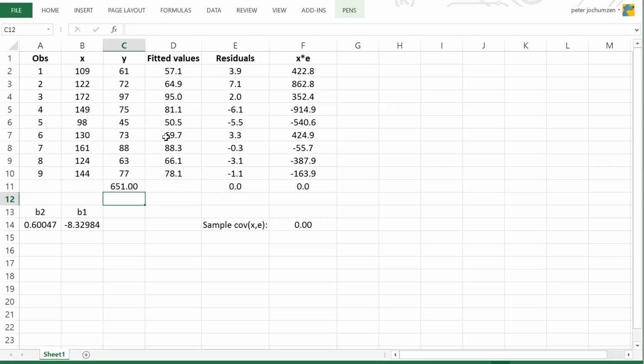And if I sum all the y fitted values, what you can do is copy the formula over, because it will then change the C reference to the D reference. So you can see now it's sum D2 to D10, and you can also see that they do have the same sum.